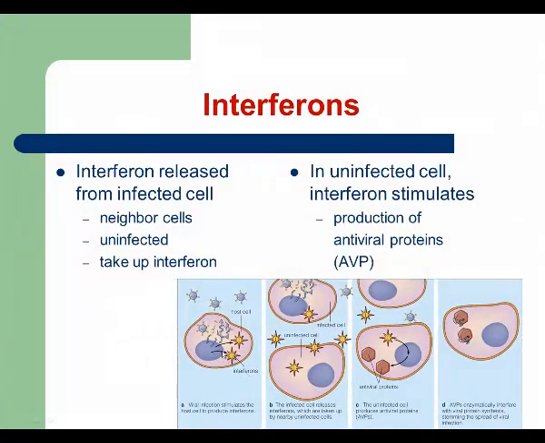Interferons, after they've been produced, will be released by that infected host cell into extracellular space. And then a neighboring cell, not an infected cell, will pick up those interferons. After interferons are picked up by that cell, interferons will stimulate it to start producing AVPs, or antiviral proteins.